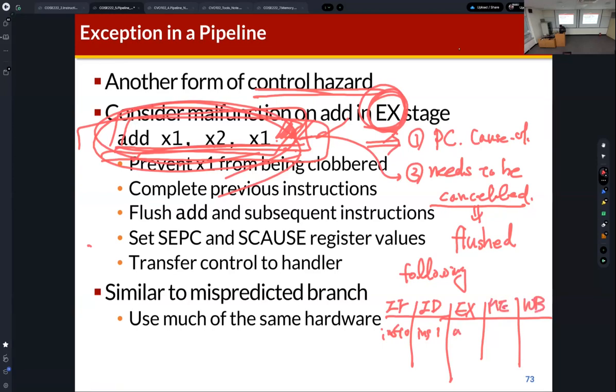So this is the add, and then there are other instructions, 2 and 3. The exception is detected while the add is in the EX stage. These are following instructions, later instructions. Then what should we do? The error is detected, so this instruction is flushed. How about these instructions?